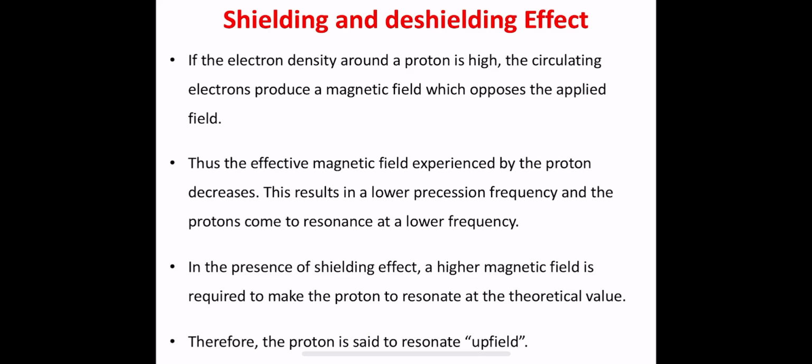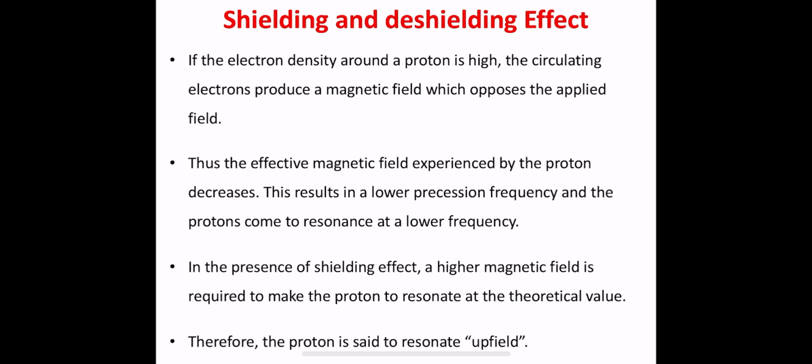If all the protons in a compound are bare protons, they should resonate at the same frequency and a single signal should be obtained for all protons. Just like we see for TMS, tetramethylsilane, all the 12 protons are chemically equivalent, and one distinct peak is observed.